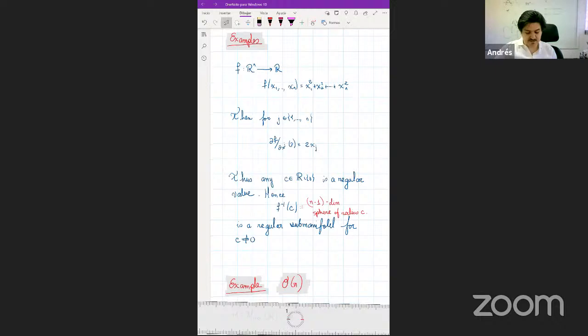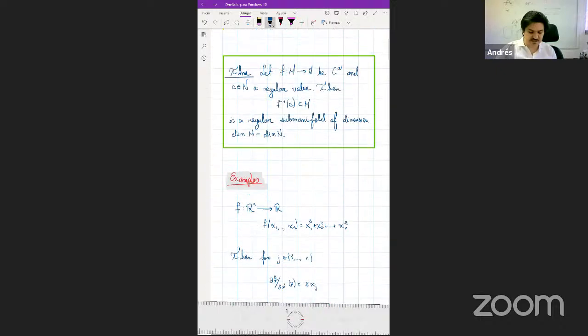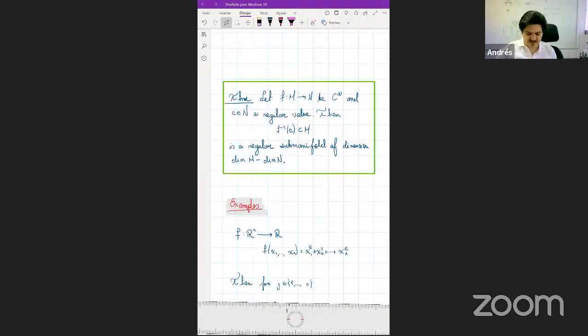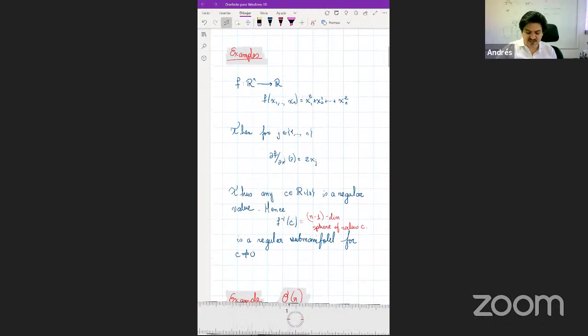Oh, and finally, I forgot to mention here, it's something that we know very well, but the whole idea of this is to use the theorem. The dimension of the sphere is going to be n-1.